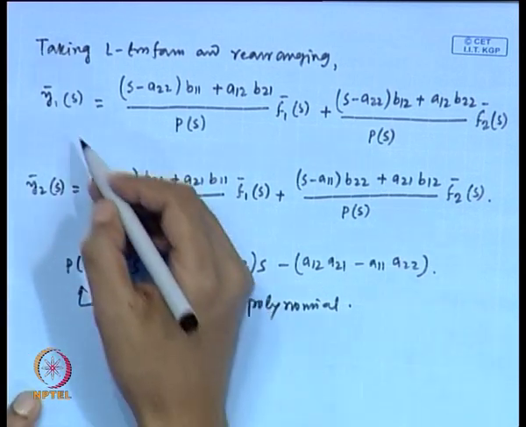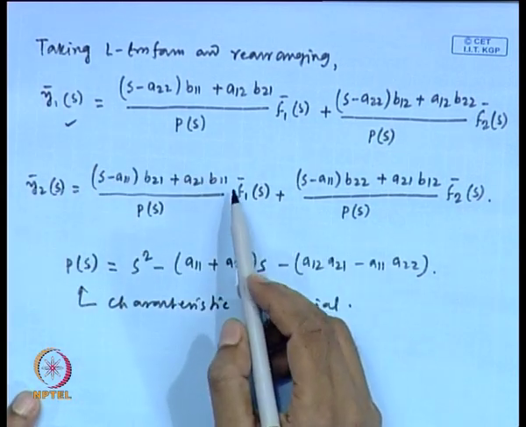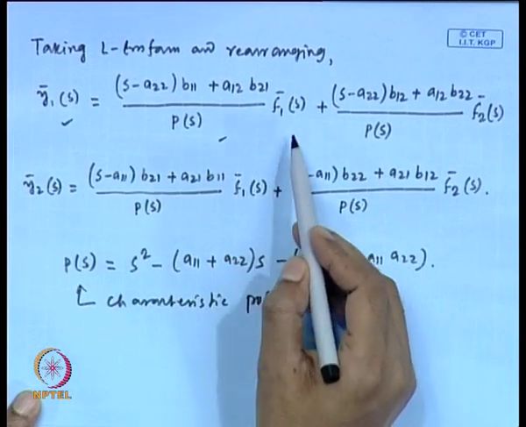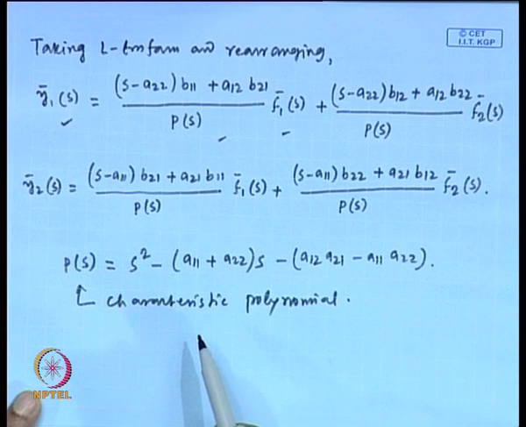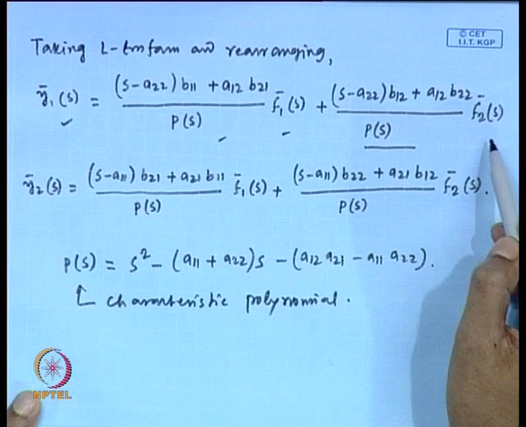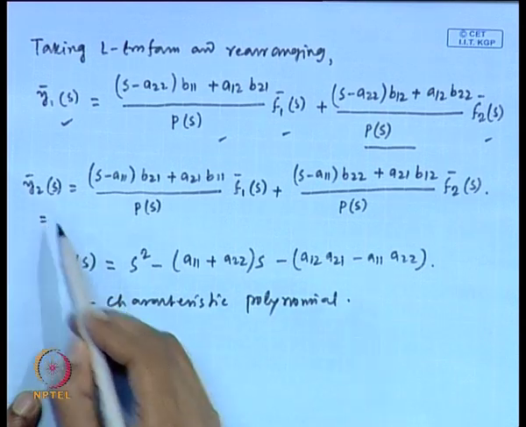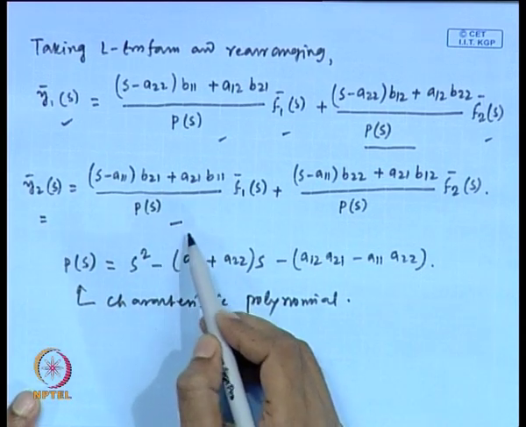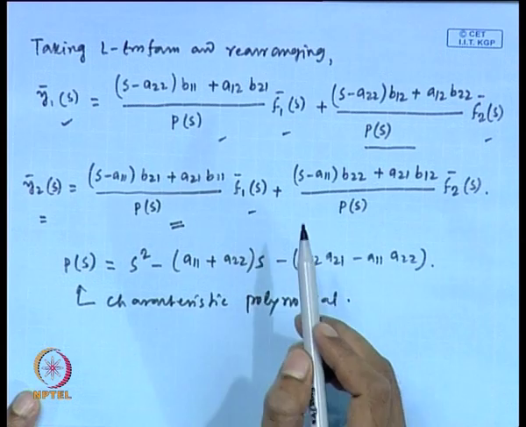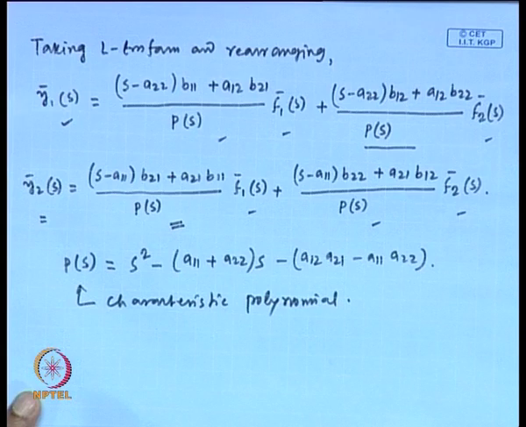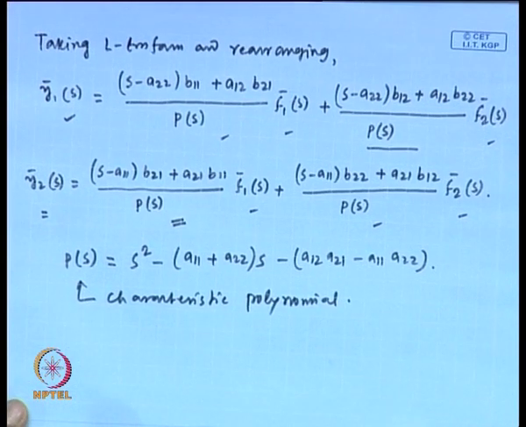Now, you see the output is one transfer function multiplied by the first input variable, plus another transfer function multiplied by the second input variable. Similarly, for the case of the second output, another transfer function multiplied by the first input variable, and a second transfer function multiplied by the second input variable.